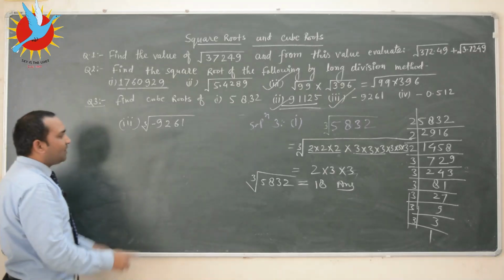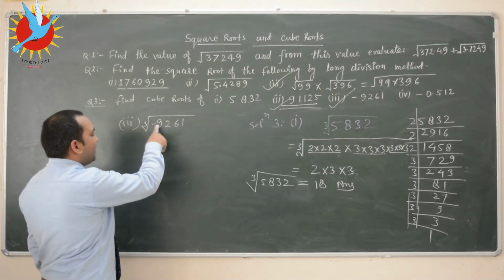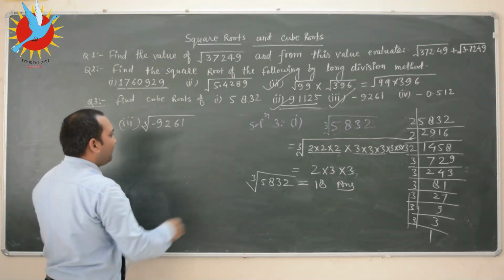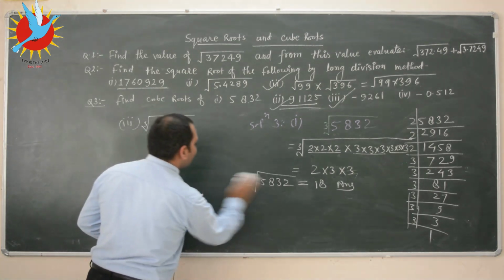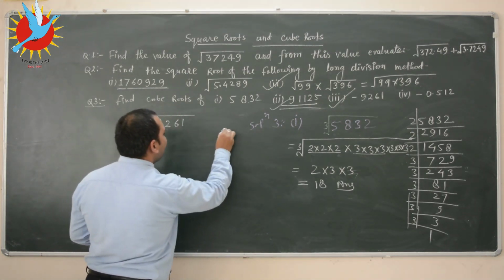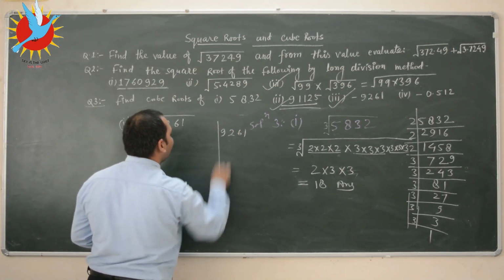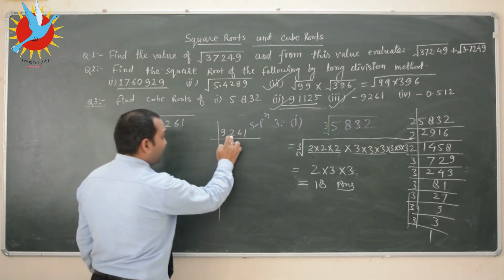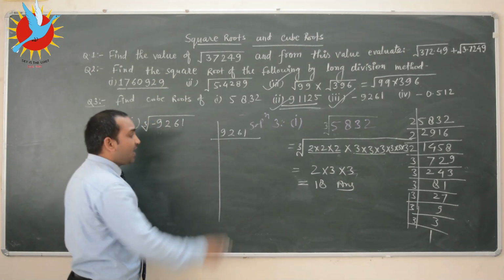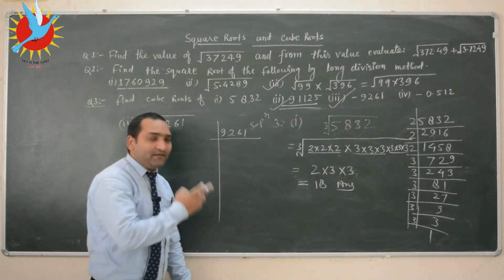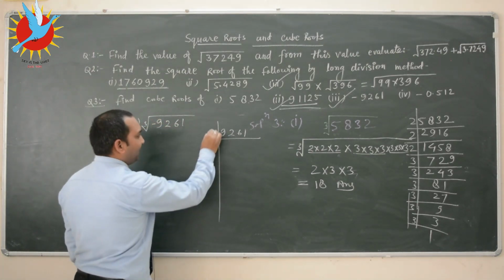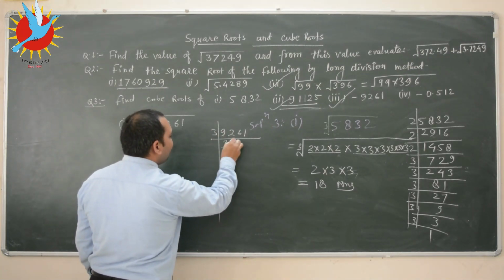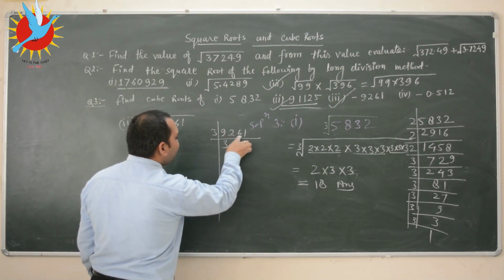So we find the prime factorization of this number 9261, which is equal to 9 to 11, 11 6 17 and 1 18. So this is divisible by 3, 3 3s are 9 and then 26.